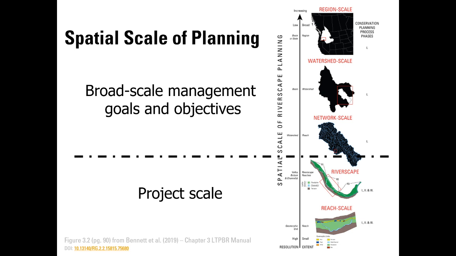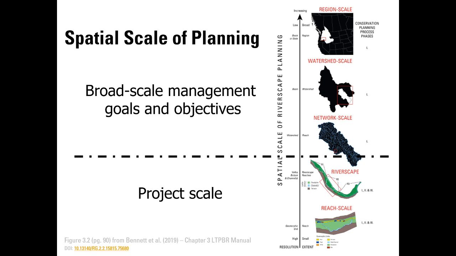And we're not going to be covering a lot of the larger scale planning that occurs at whole regions or watersheds or even a network of drainages. We're going to be focused primarily at this project scale, at the riverscape or reach scale, even down to the structure level to some extent. We'll talk about that. But I wanted you to be aware that this is all very important to local success.